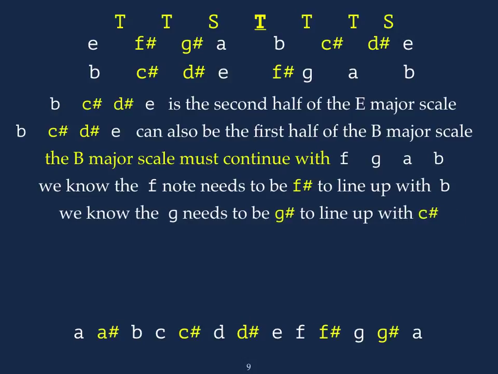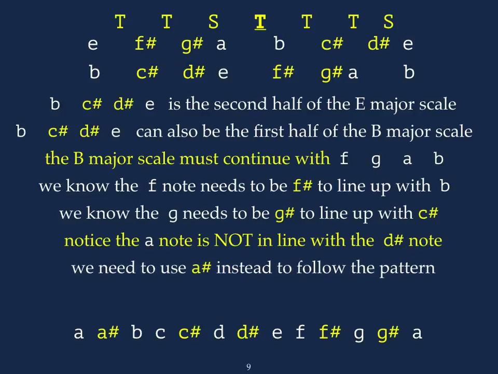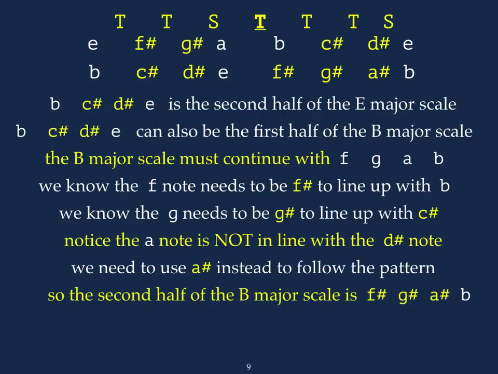We know that the G needs to be G sharp to line up with C sharp, and there's that one, take away the G. Now we're noticing that the A note is not in line with the D sharp note. So of course we're going to use A sharp instead of A. Again, looking back at the top, A sharp, not A. So the second half of the B major scale is F sharp, G sharp, A sharp, B.